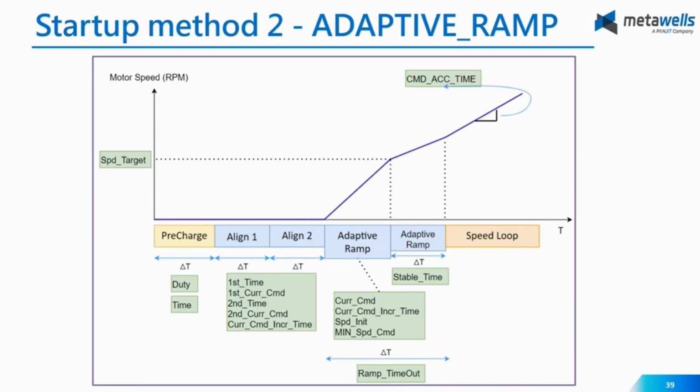Typically alignment is not required when using adaptive ramp, so we don't use the align function in this startup method. But if you want, you also can turn on the align function. In the next page, we will talk about more details about the parameters.